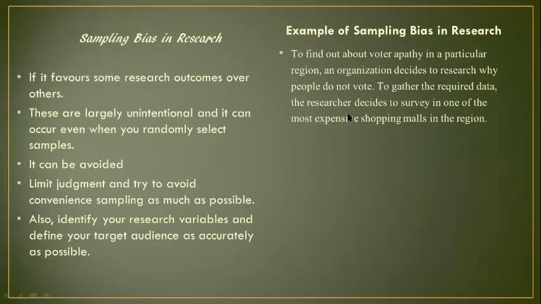You are excluding people who cannot afford to come to this expensive shopping mall, plus people who would not even be in the mall. Maybe at that time they can afford it, but they are not in the mall. So over here, you are doing a convenience sample. For your convenience, you are going to this shopping mall and doing this sampling.